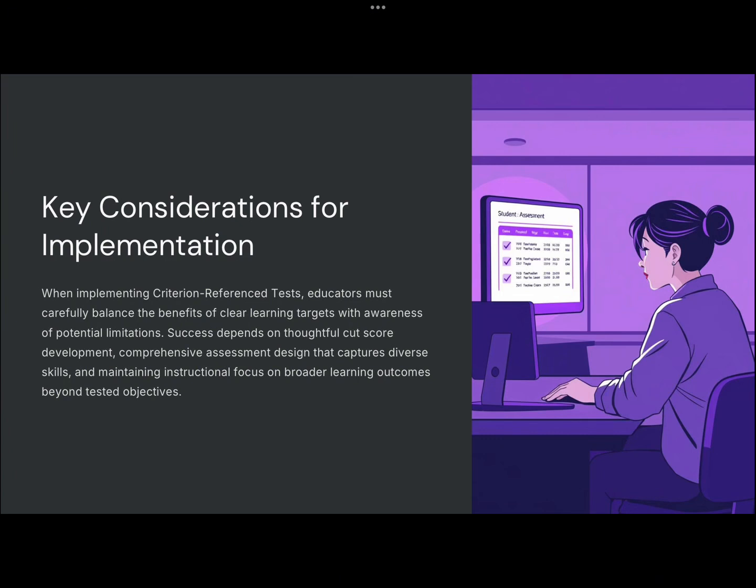So when implementing criterion reference tests, educators must carefully balance the benefits of clear learning targets with awareness of potential limitations. Success depends on thoughtful cut score development, comprehensive assessment design that captures diverse skills, and maintaining instructional focus on broader learning outcomes beyond tested objectives.